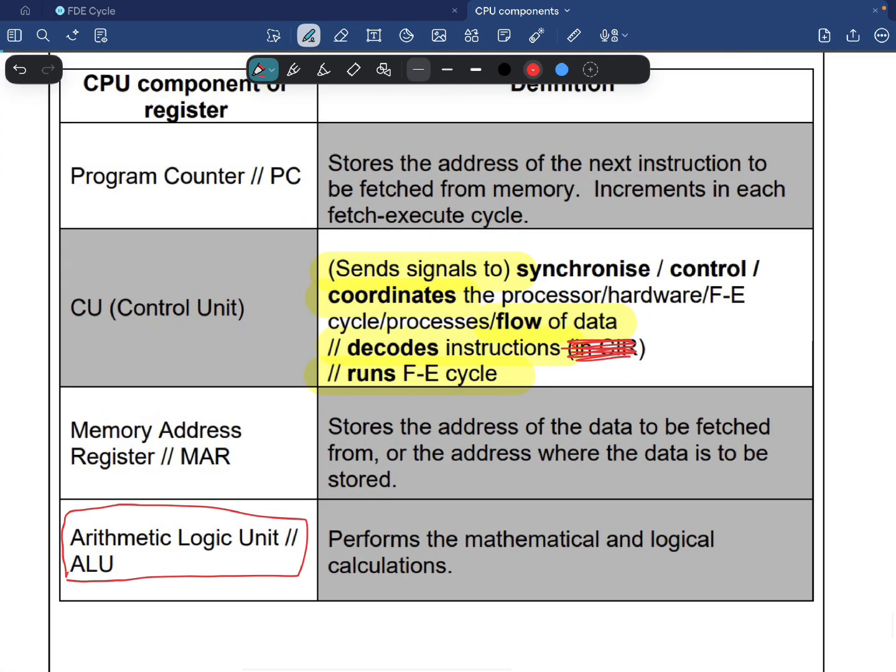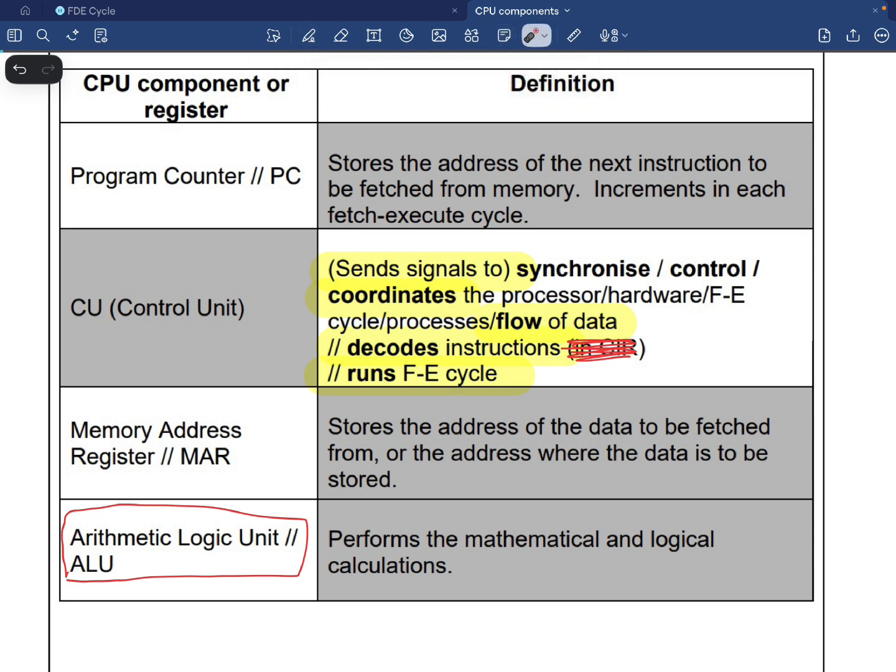Now we said that the control unit sends signals to coordinate the flow of data. You can also say it synchronizes or controls the flow of data, or the processor, or the hardware, or the FE cycle.